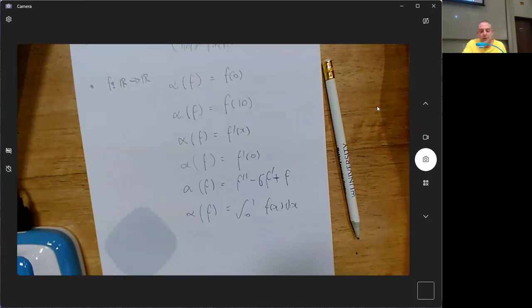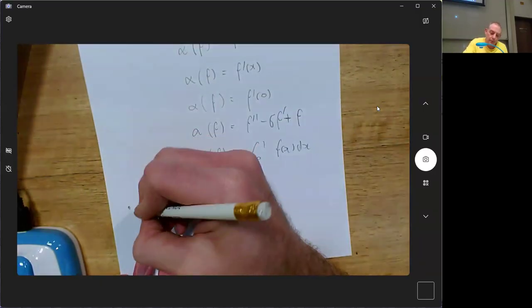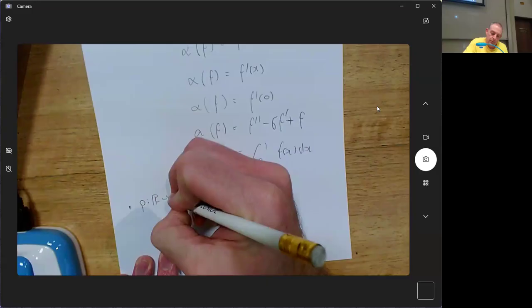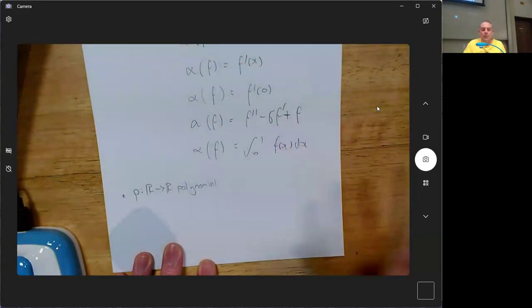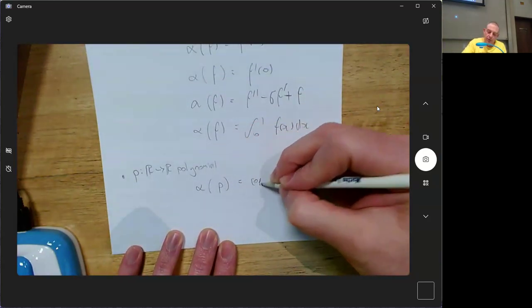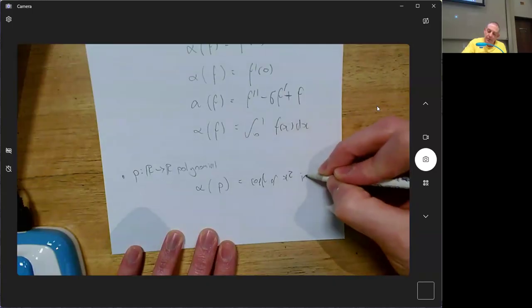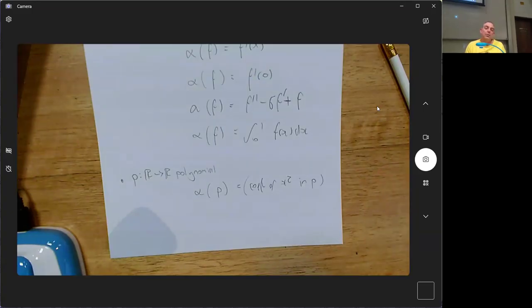So yeah, these are all linear functionals. Specifically with polynomials, alpha of p being the coefficient of x squared in p, that's a linear functional as well. So these are all perfectly good things you can do to functions that behave like linear transformations.